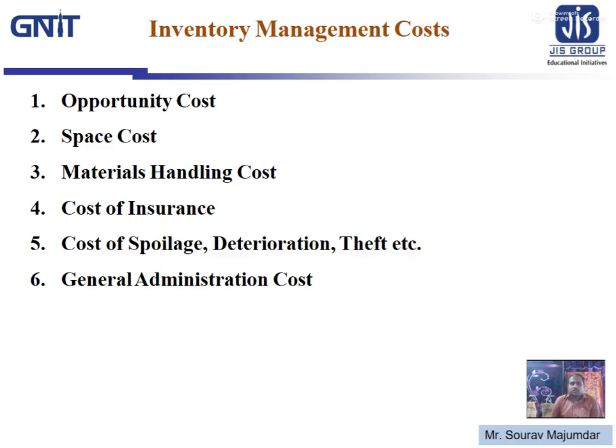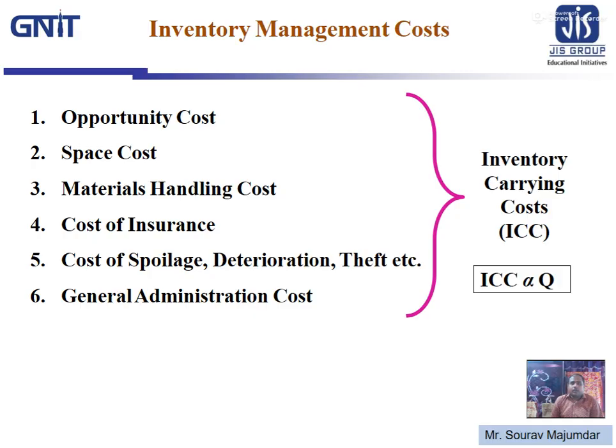All these six costs are associated with the inventory carrying cost, ICC. This inventory carrying cost is directly proportional to the quantity Q, that is, the annual demand. If demand is increasing, then inventory carrying cost will increase.